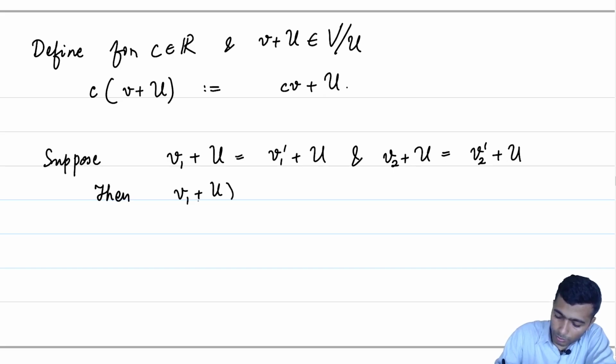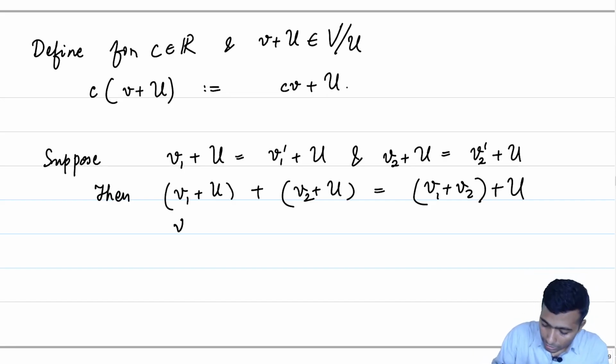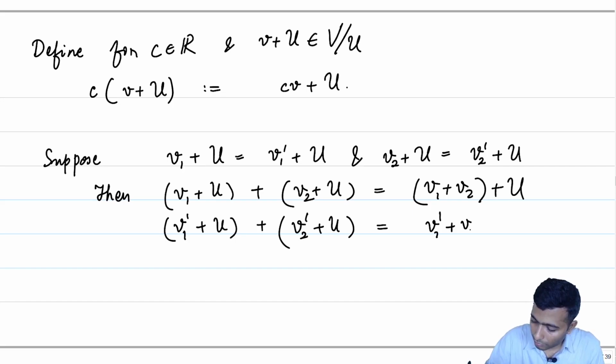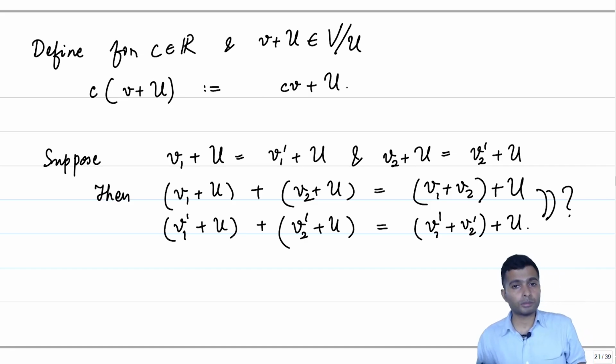V1 plus U plus V2 plus U is equal to V1 plus V2 plus U, but this is also the same as V1 prime plus U plus V2 prime plus U, right, because both are after all the same affine subsets, and this is equal to V1 prime plus V2 prime plus U. The question is, are these two objects equal?